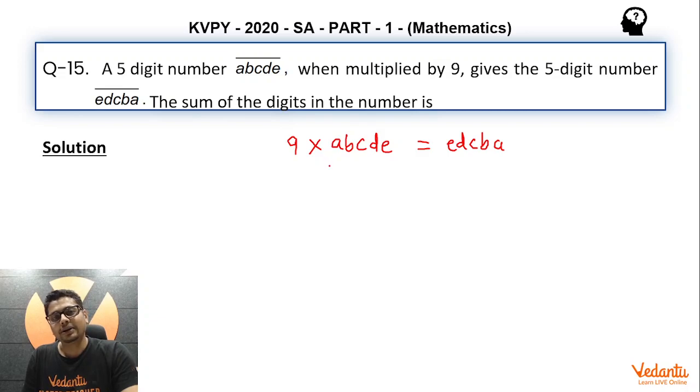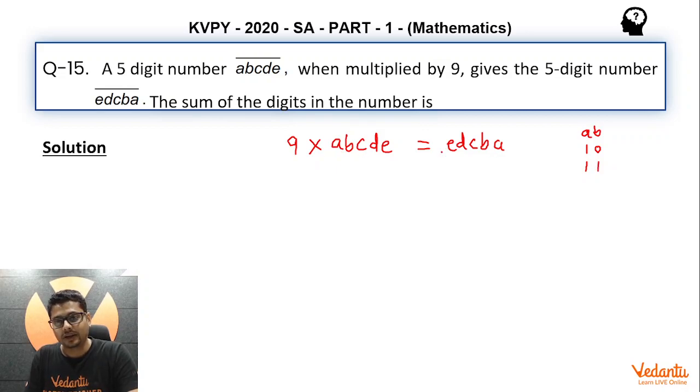Now, an interesting part here is when you are multiplying a 5-digit number with 9, you are again getting a 5-digit number only. So A has to be at least 1. A can't be 0 because ABCDE is supposed to be a 5-digit number. So AB can be 10 or 11. That's it. Why?